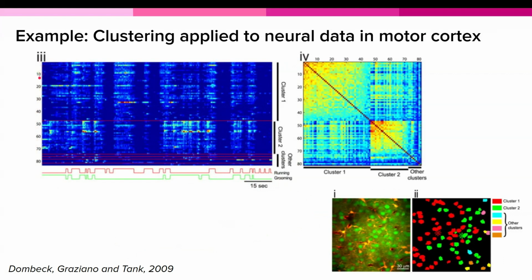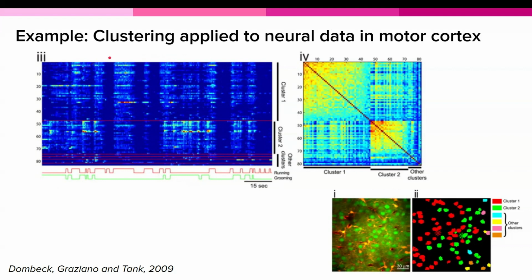Each row is a neuron, and time is represented along the horizontal axis. Bright points indicate that a particular neuron is firing very rapidly or has a lot of activity, whereas dark regions indicate that a given neuron is not firing very much at all.